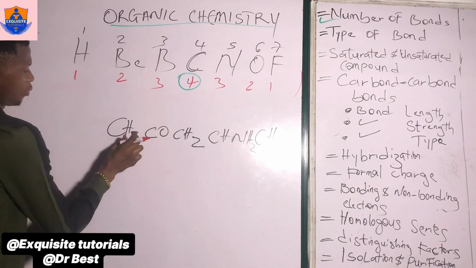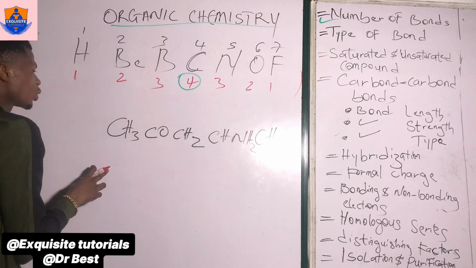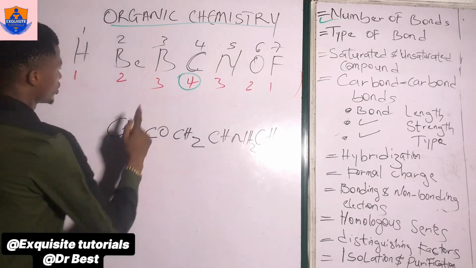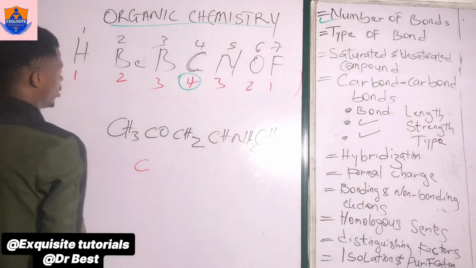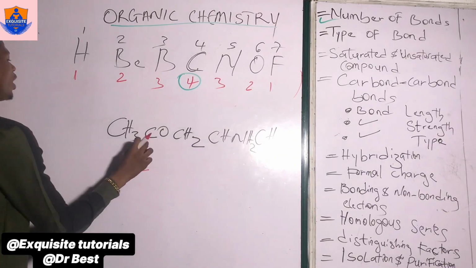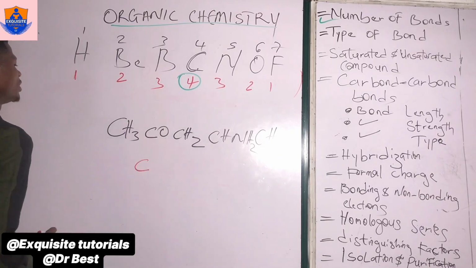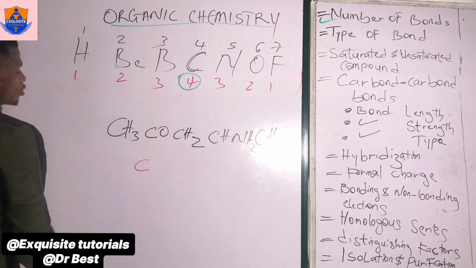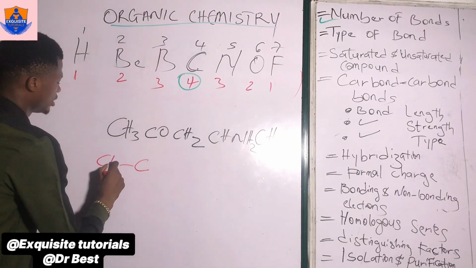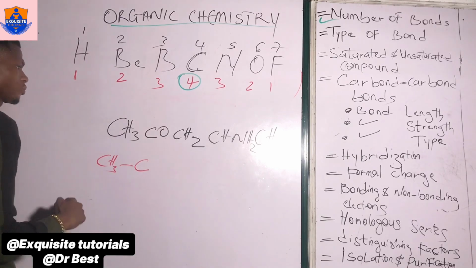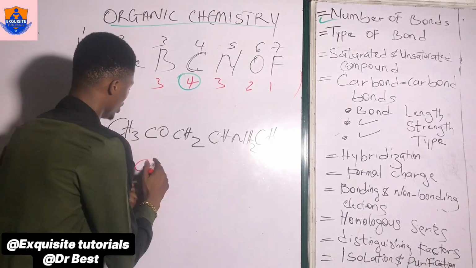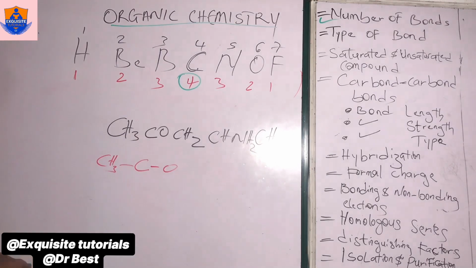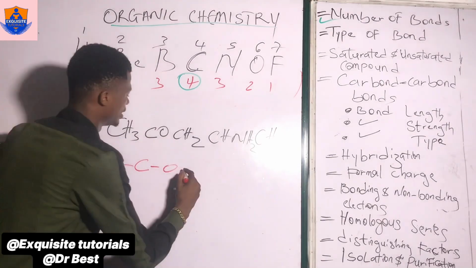So for example, when we have this methane group bonding to this carbon, we start by bringing out this carbon. Remember, there is no hydrogen bonding to this carbon, which means this carbon has used up 4 bonds in this compound. So we start with this CH3. Now, you cannot put in your oxygen here and say like this.